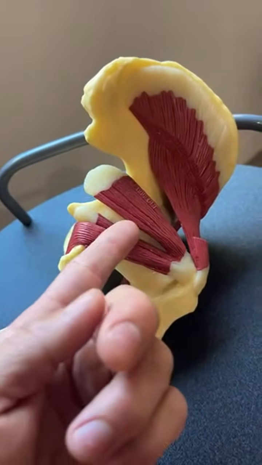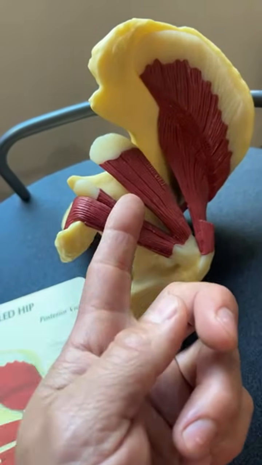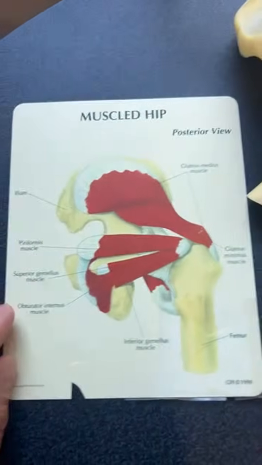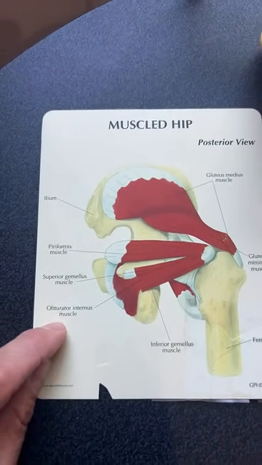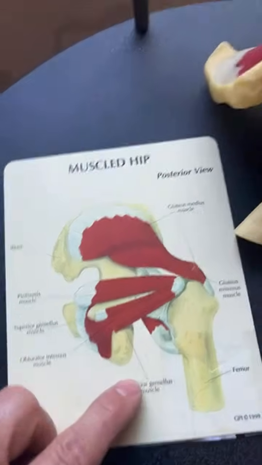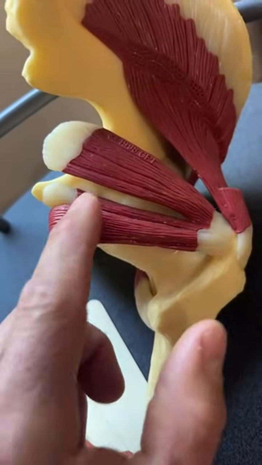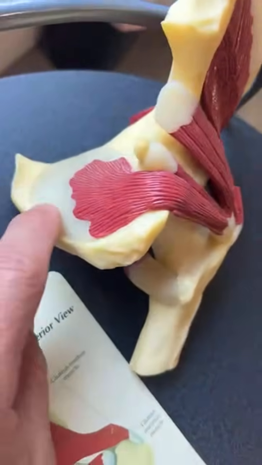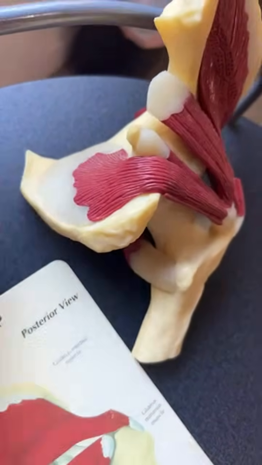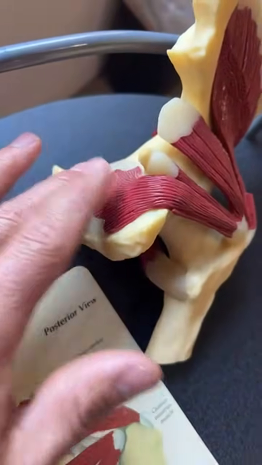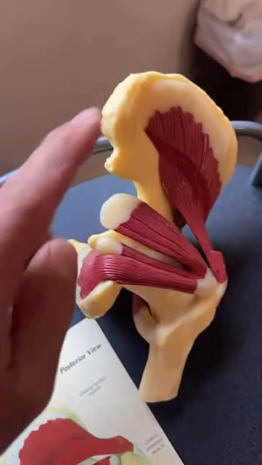This is where the sciatic nerve goes underneath it or through it, depending upon who you are. And then we have the superior gemellus, the obturator internus, the inferior gemellus, which is all kind of in this little mess right in here. The obturator inserts into this obturator membrane right here, which is kind of the pelvic floor type of area.